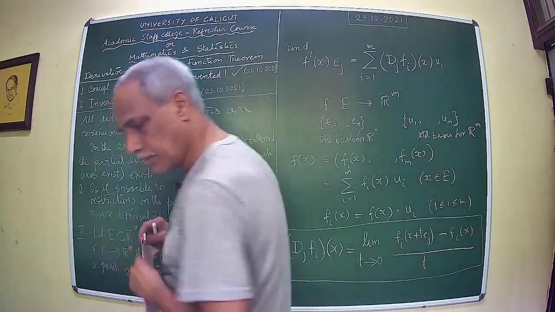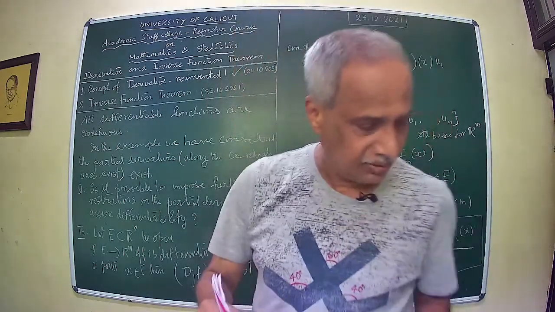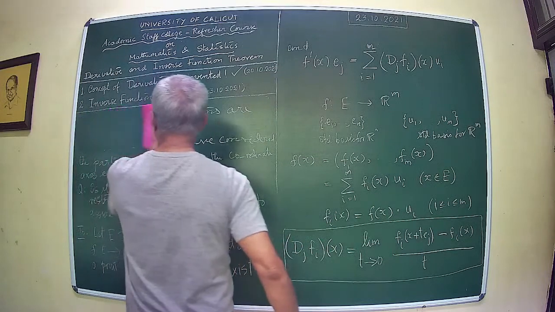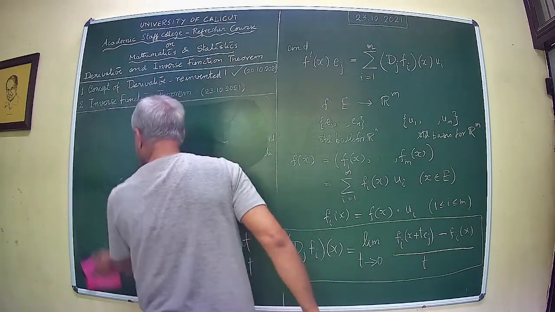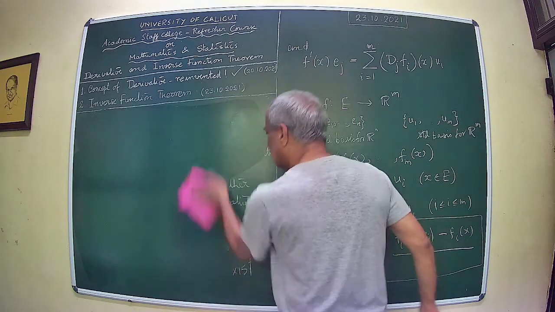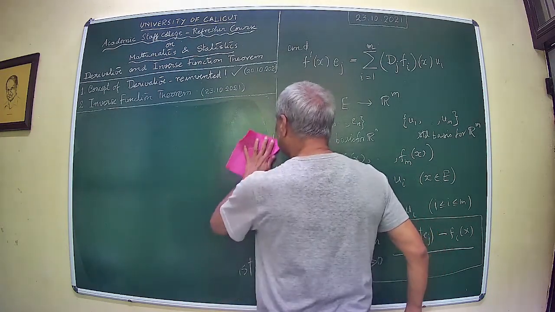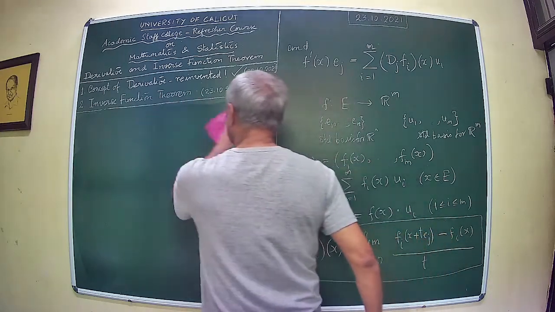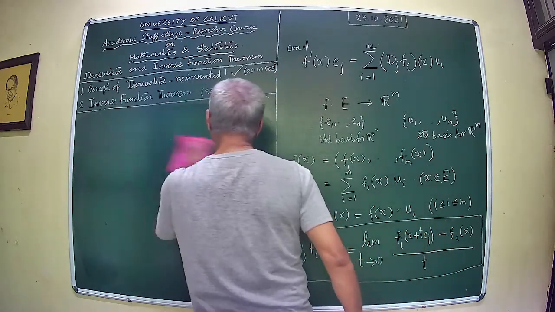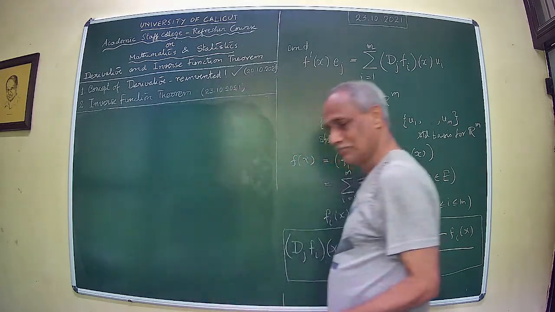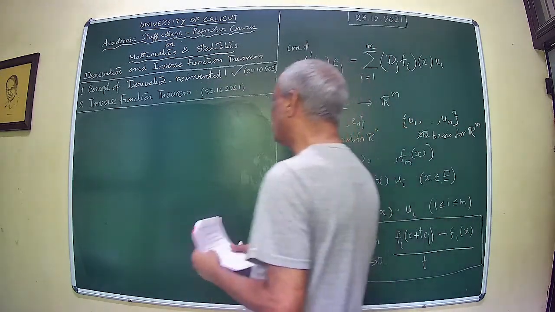And therefore one can write down the matrix form of this with respect to the standard basis in terms of the partial derivatives. So if the function is differentiable, then the derivative can be given in terms of the partial derivatives. But if it is not differentiable, otherwise no. That's the important part.